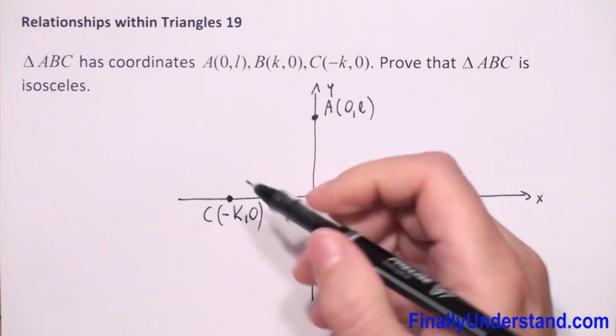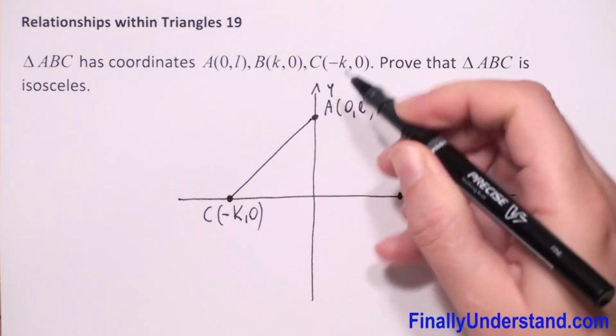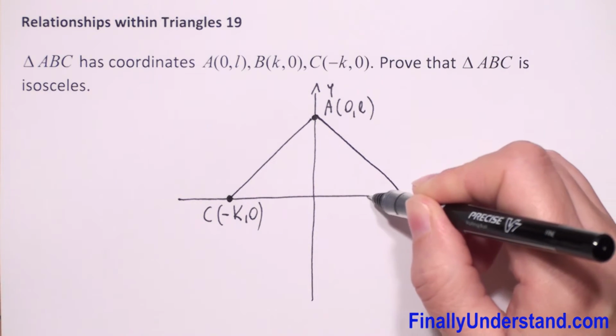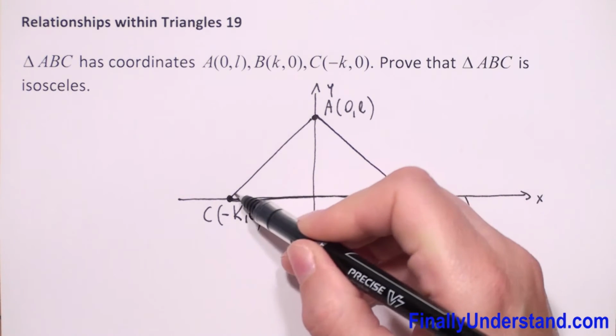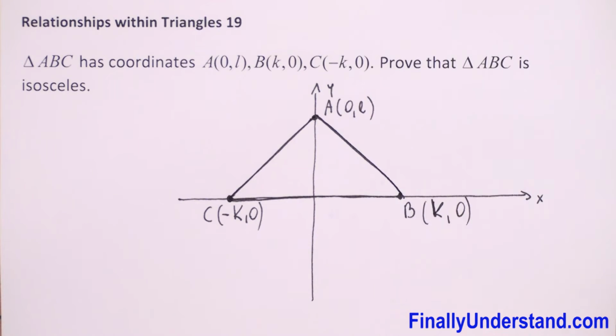So now if we connect these 3 points A, B, C, we have a triangle. We have to prove that triangle ABC is isosceles. We know that an isosceles triangle has at least 2 congruent sides.